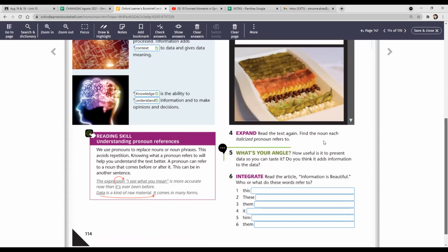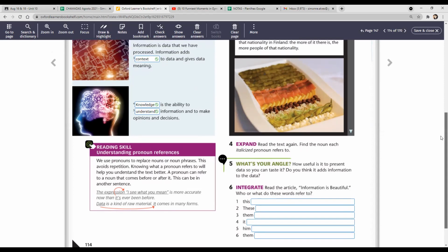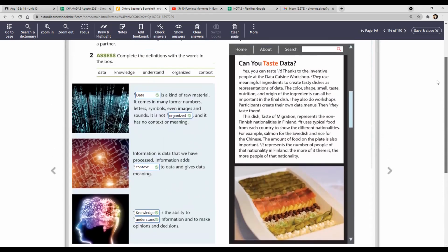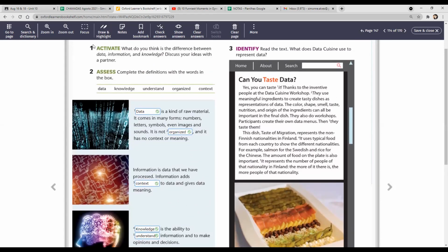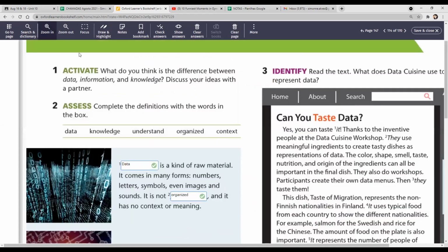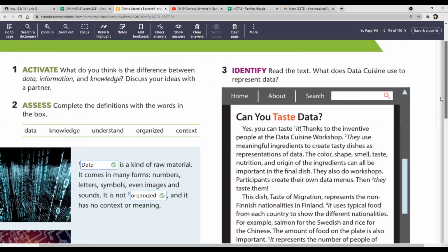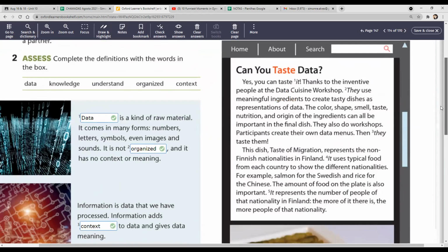So here in number 4, they say, read the text again. Find the noun each italicized pronoun refers to. So here, let me try to make it bigger. Can you see it better now? Yes. Okay.